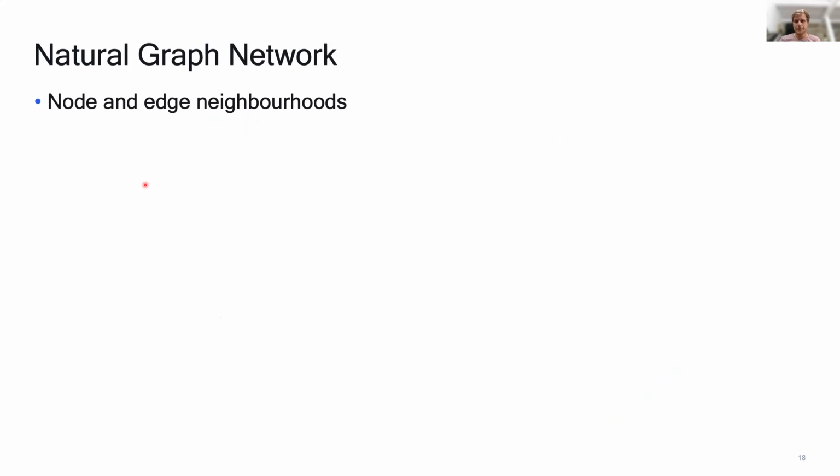So putting this together to build our model, the natural graph network, what we need to do is we first define neighborhoods of nodes to give us features that look a bit like directions on graphs. And furthermore, to define edges along which we do message passing.